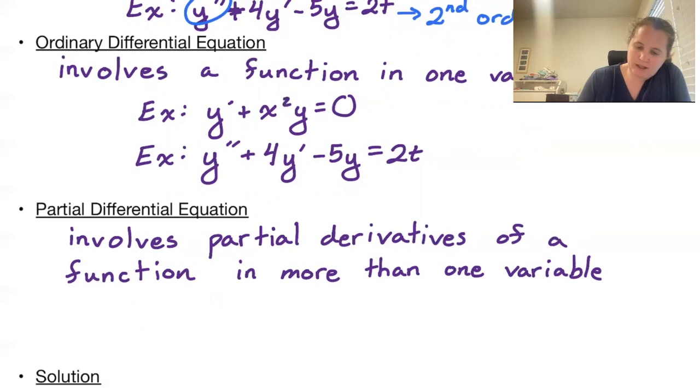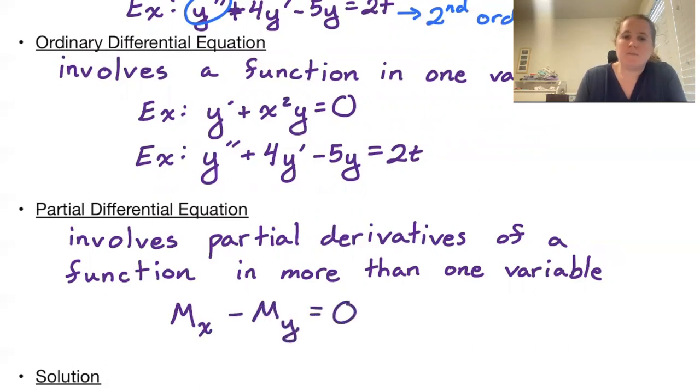So we might have something like u_x minus u_y is equal to 0. Right? So here we have a function in x and y, presumably, and we take the partial derivative with respect to x and the partial derivative with respect to y.